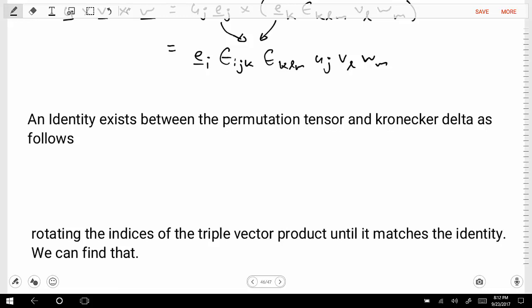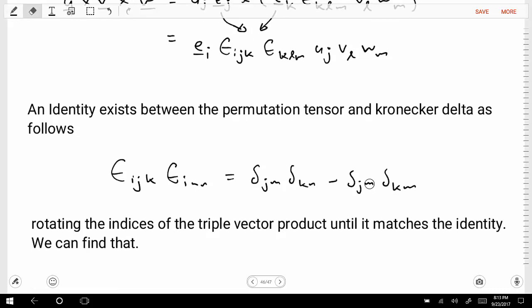So the relationship is as follows: epsilon_ijk times epsilon_imn is equal to the Kronecker delta_jm, Kronecker delta_kn, minus Kronecker delta_jn and Kronecker delta_km. Oh, and we got a little typo here. Sorry about that. It is the Kronecker delta_jn and Kronecker delta_km.